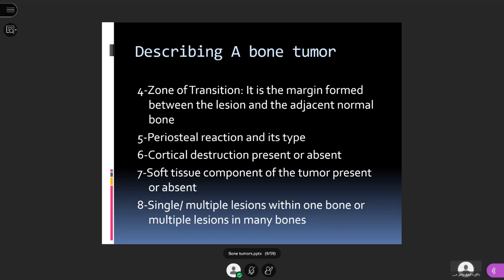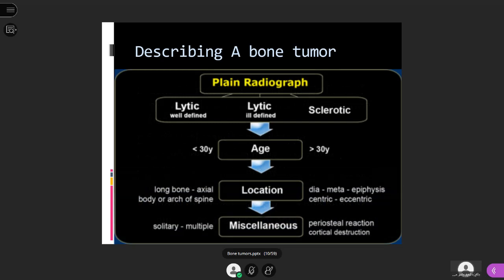Then whether you are dealing with a single lesion or there are other such lesions present in the skeleton. For example, if you have multiple bony lesions which are similar to each other, then either you are dealing with metastatic deposits or with a systemic illness. Then this is not a primary bone tumor.